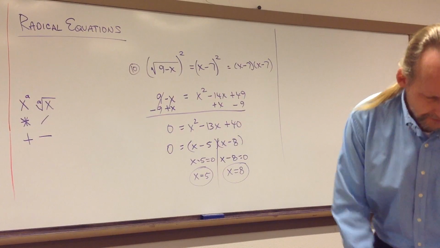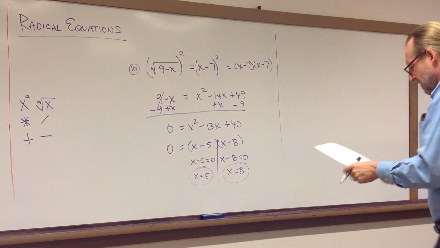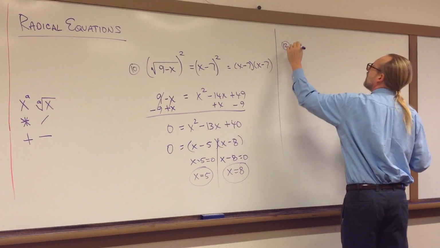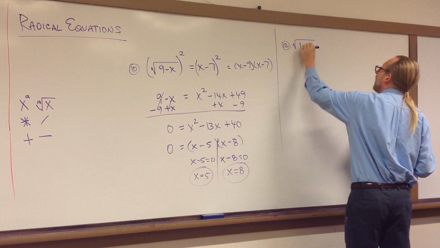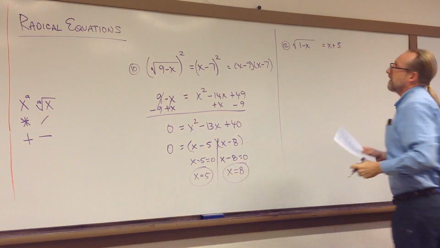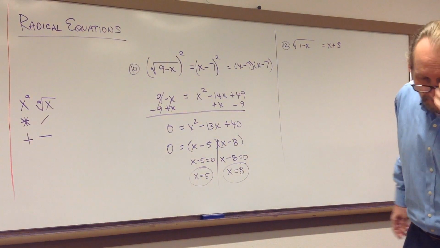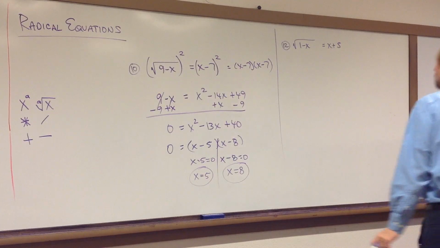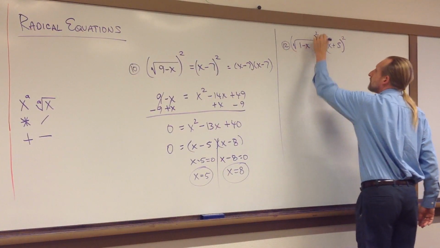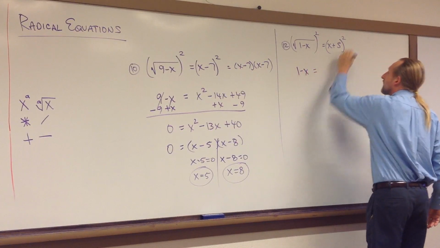I think I've got enough room to do problem 12 over there. Problem 12, we've got square root 1 minus x equal to x plus 5. So, same process for solving this one. We want to square both sides. This will be 1 minus x.